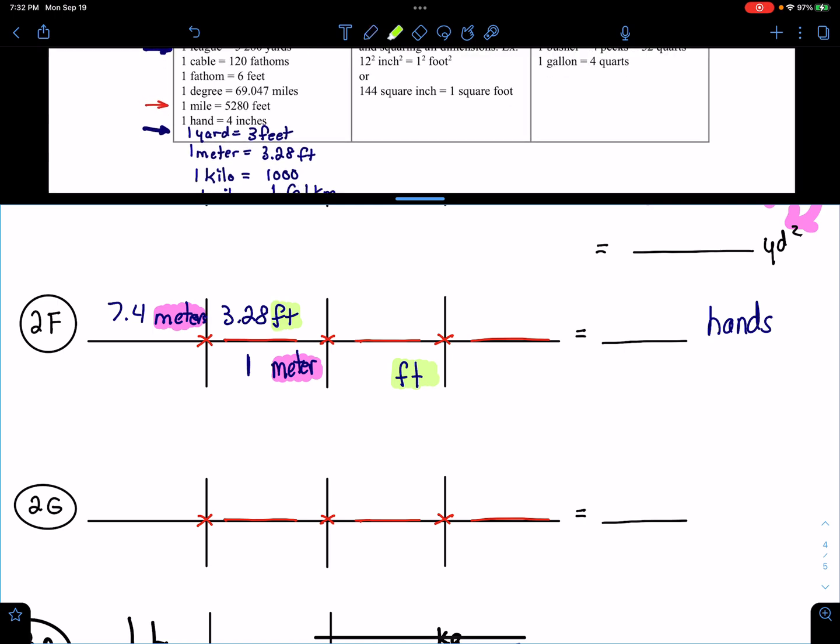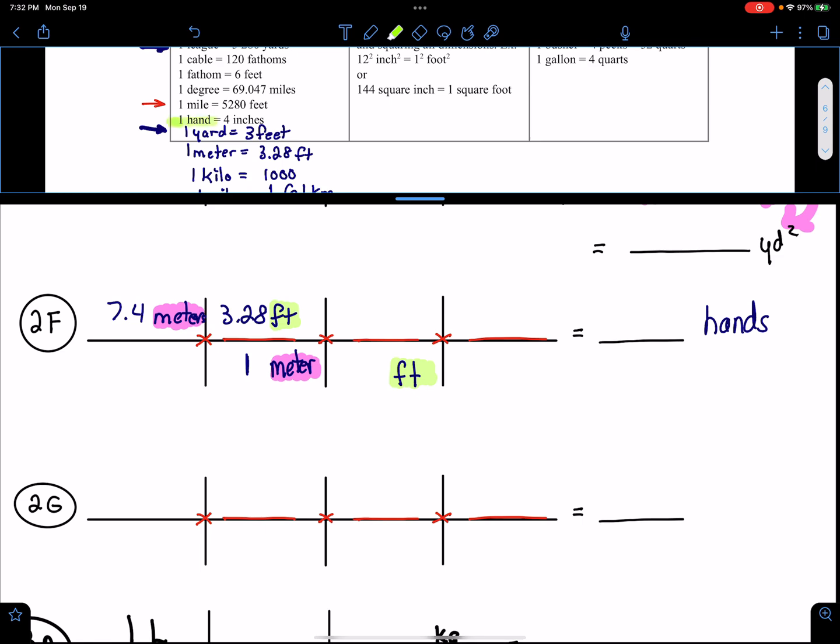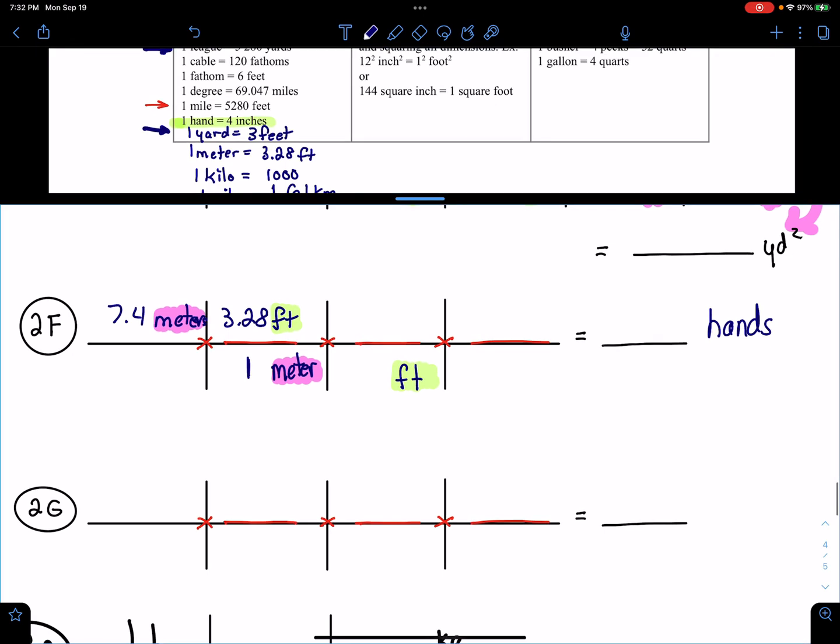We have here, this says hands and it says inches. If we're going to go to inches, if inches can be converted into hands, let's change our feet into inches. So we have 1 foot is 12 inches.